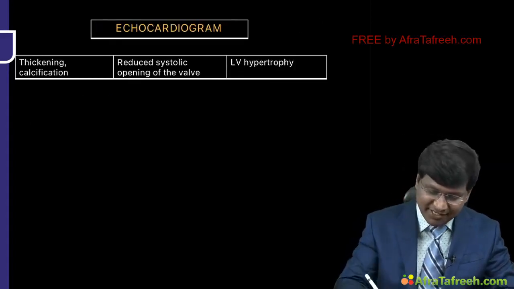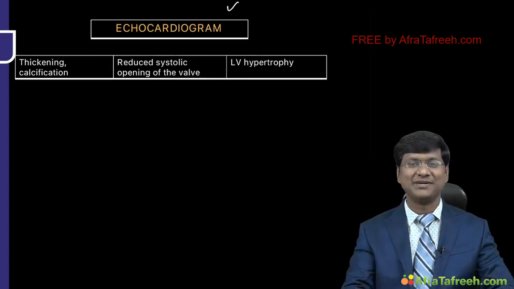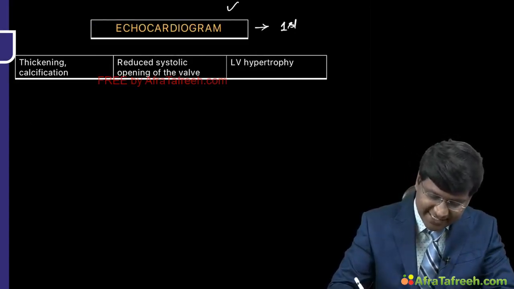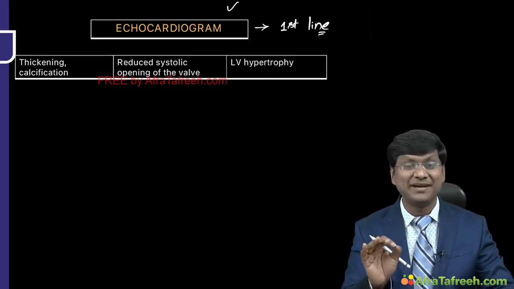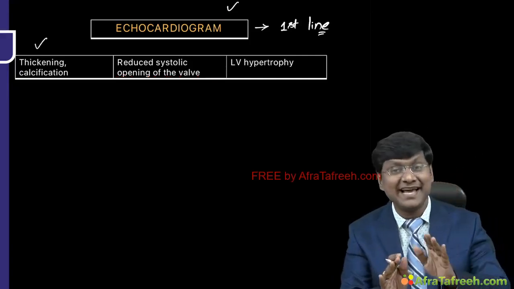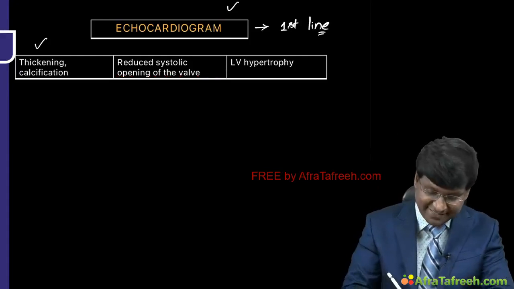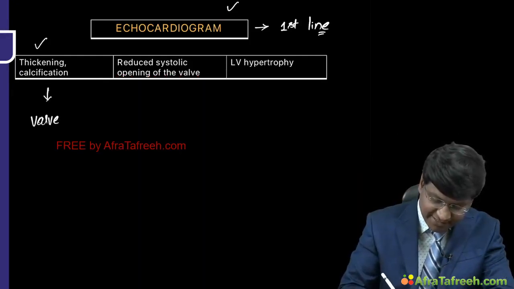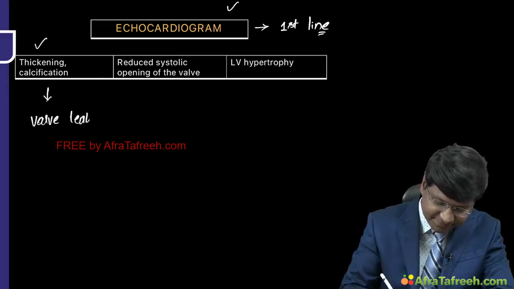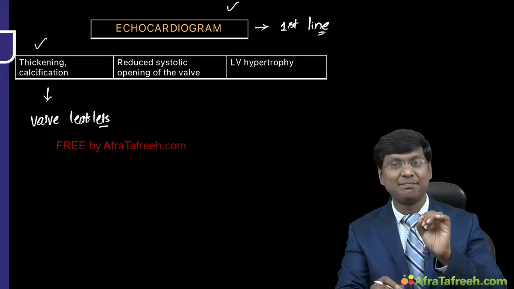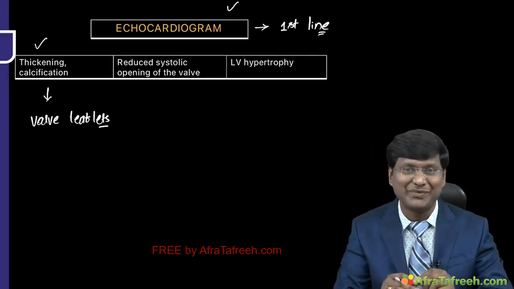And the next important investigation is the echocardiogram. This is considered to be the first line investigation. And what does the echocardiogram demonstrate? It demonstrates the thickening and calcification of the valve leaflets, and this thickening and calcification appears as a whitish plaque over the aortic valve.